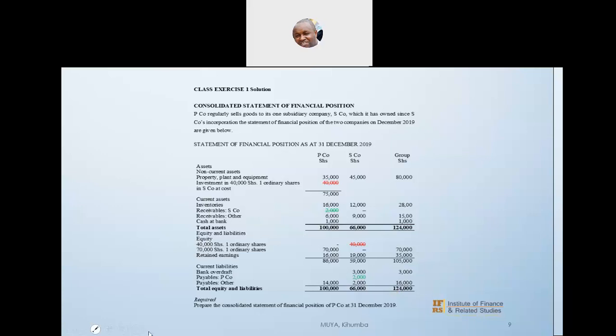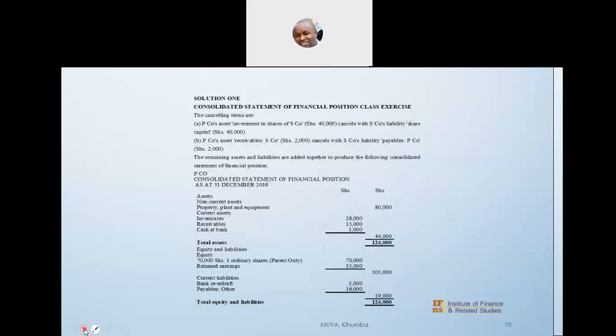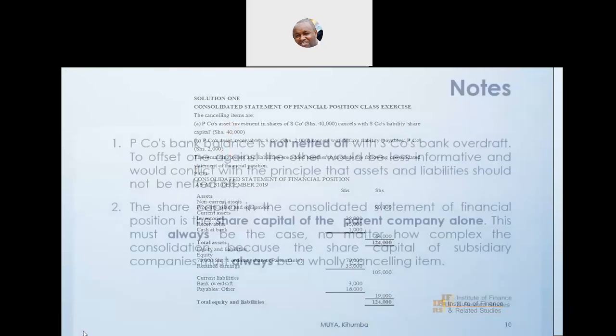And that will be our consolidated statement of financial position. You can prepare it that way, or you can opt to prepare it as a single statement, as I've shown here. So either of the approaches is okay. I've explained the items that cancelled out each other, and then we have our consolidated financial statement.